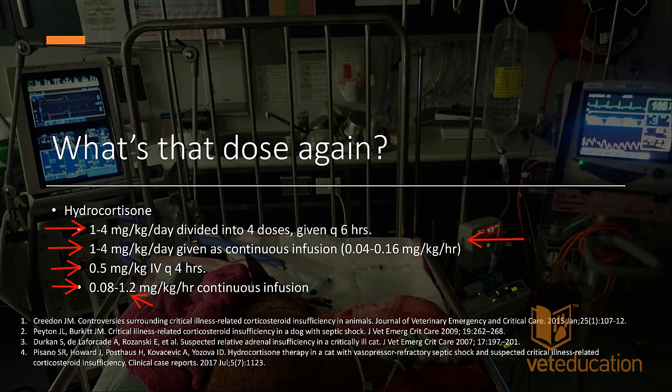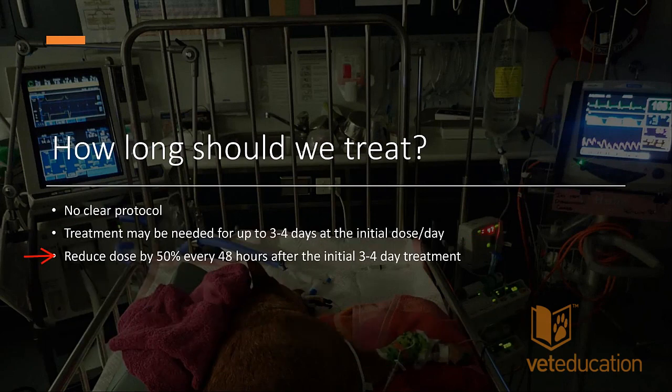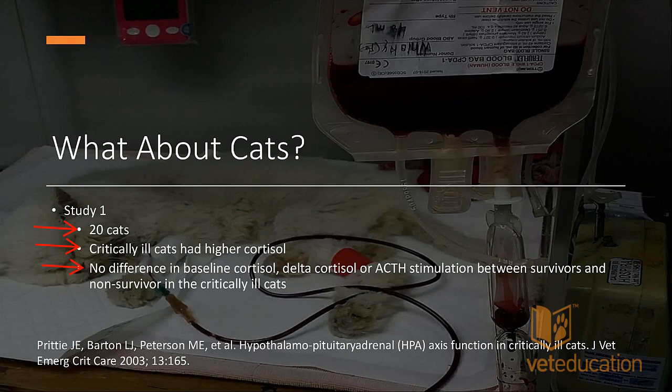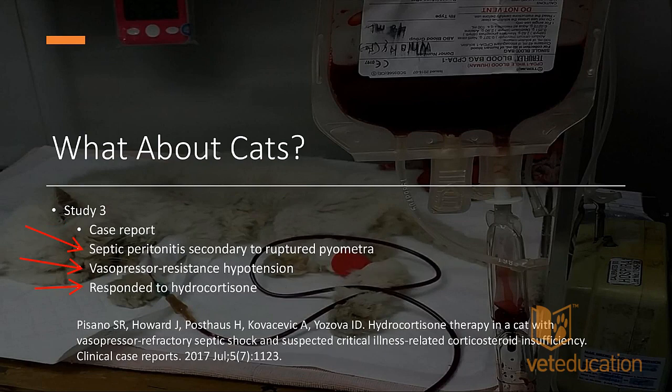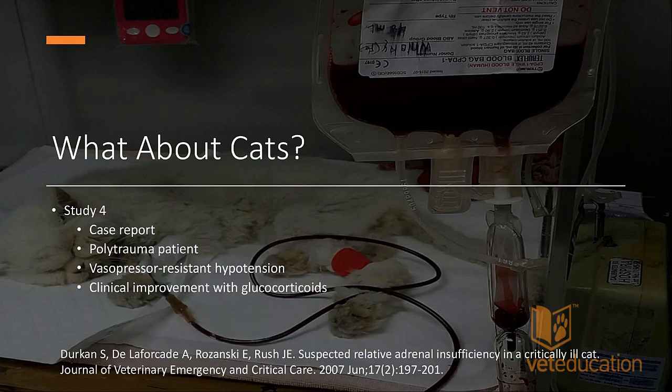Hydrocortisone treatment in a cat with vasopressor refractory septic shock and suspected critical illness corticosteroid insufficiency. So this cat had quite a high dose of hydrocortisone, but responded very, very well.